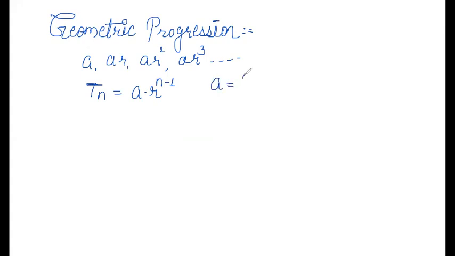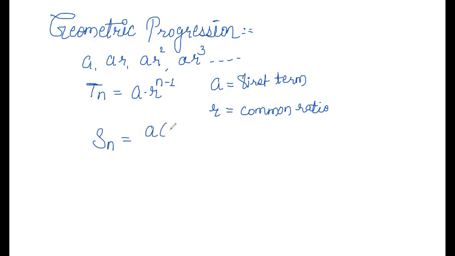A is the first term, R is the common ratio between two consecutive terms. Okay. आता याच्यामध्ये sum of first n terms, how we are calculating? Sn is equal to sum of first n terms. We are using the formula A into 1 minus R raised to n divided by 1 minus R if R is less than 1, and if R is greater than 1, then we can use the formula A into R raised to n minus 1 divided by R minus 1.